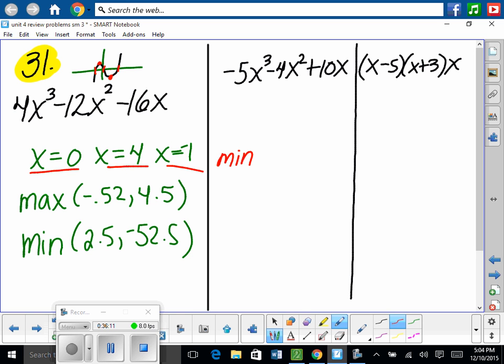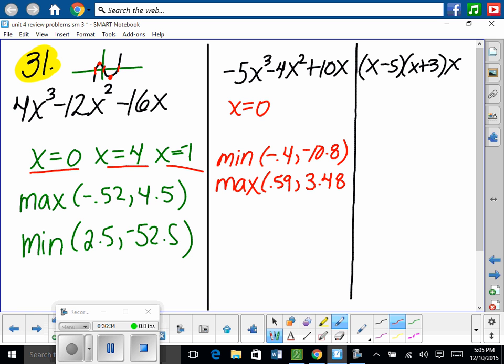Now these ones, your x values are decimals. We get x is equal to 0, and then I have 2 more zeros, which I actually didn't calculate. So our min is at -0.4, -10.8. And our max is at 0.59 and 3.48. So hopefully you're able to use your calculator and do that.